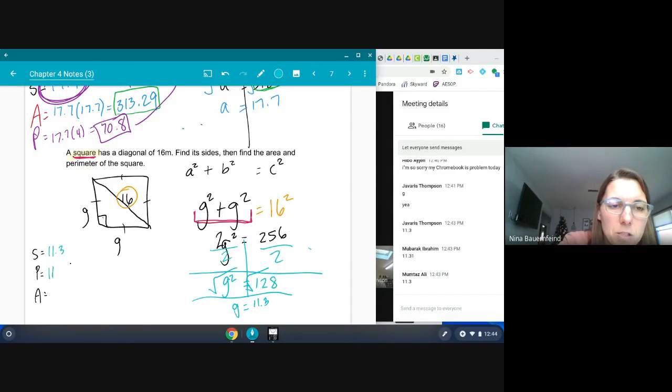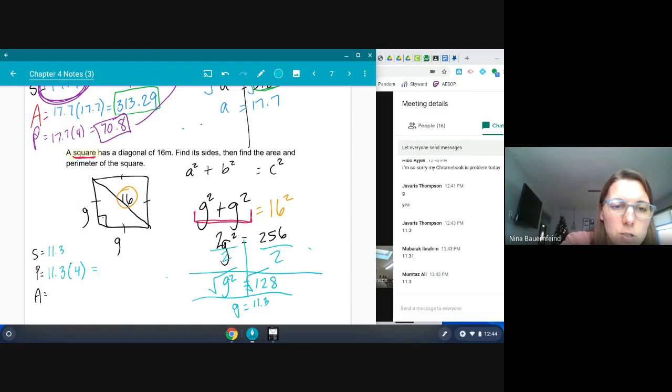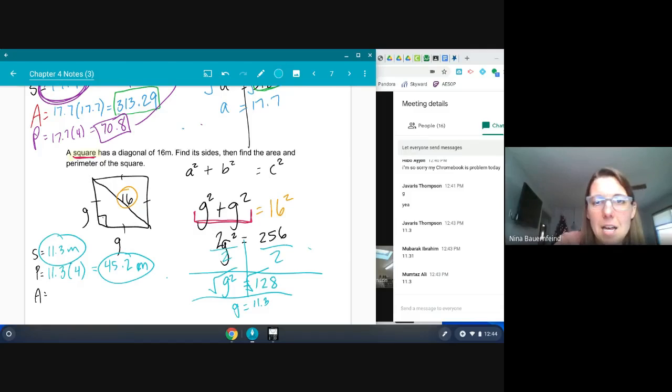Our perimeter is going to be 11.3 times 4, because there's 4 of those, which is 45.2. These are meters. And then last is the area. So area is 11.3 times 11.3.